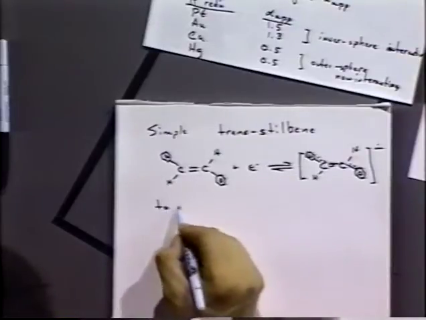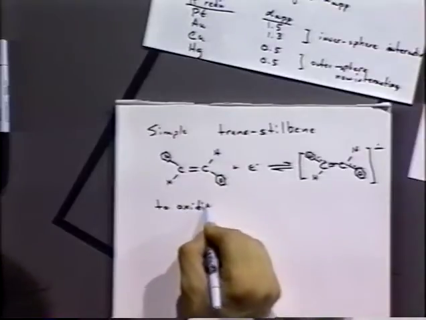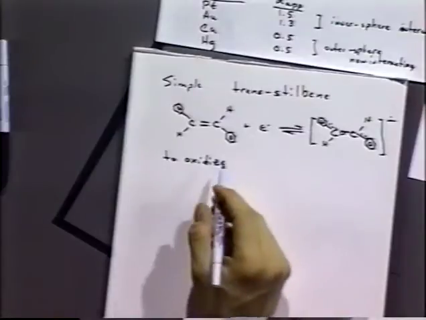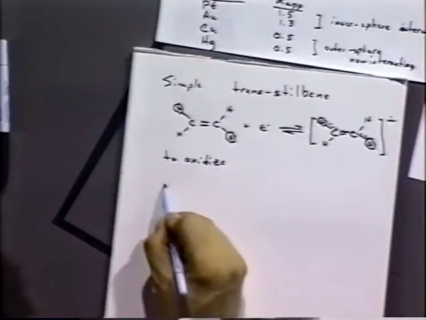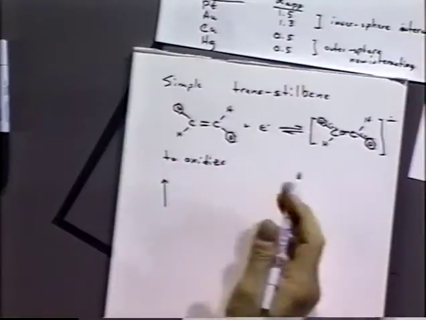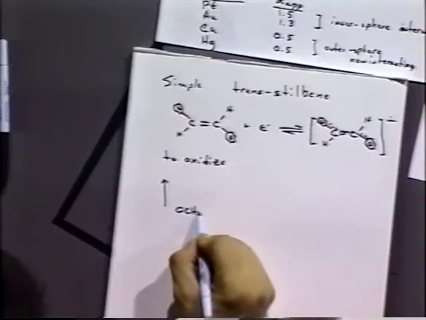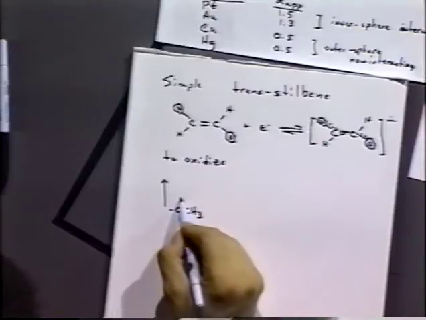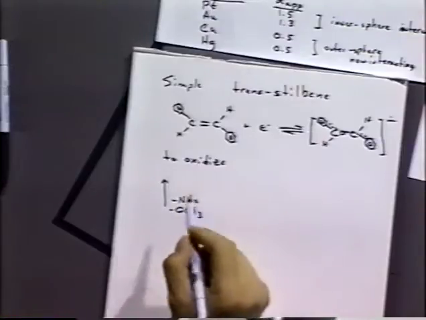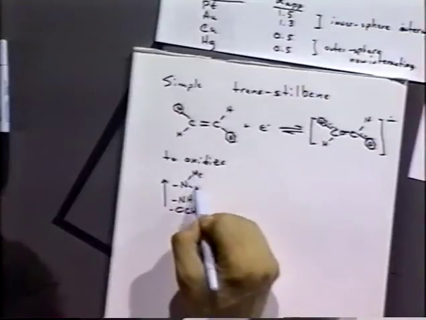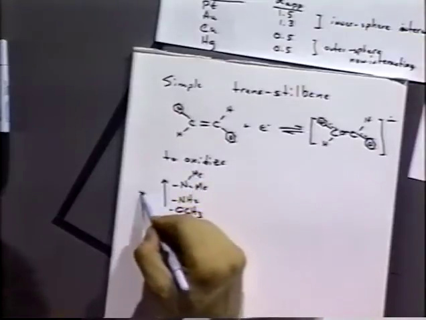For example, to oxidize this, we can actually change the potential for oxidation by adding groups that will add electron density to the system. For example, starting with, say, a methoxy group or an amine group or a dimethylamine, which are electron donating.